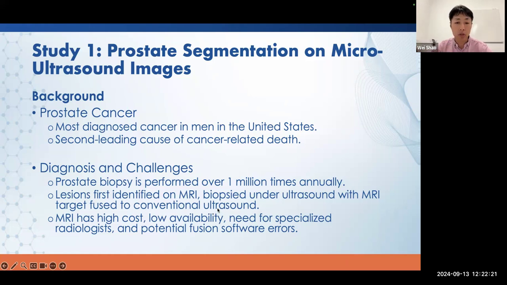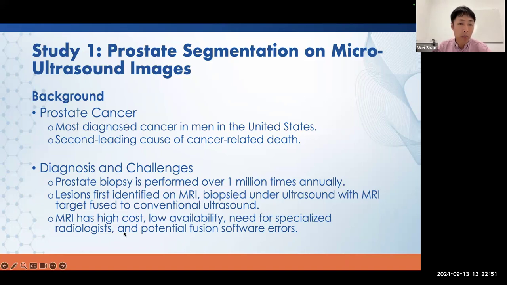So we have a live image fusion tool that automatically maps those radiologist-outlined cancer lesions from MRI onto ultrasound, so that the urologist can target the regions most suspicious for cancer as determined by the radiologist. This method is currently the most accurate method for diagnosing prostate cancer in the United States.